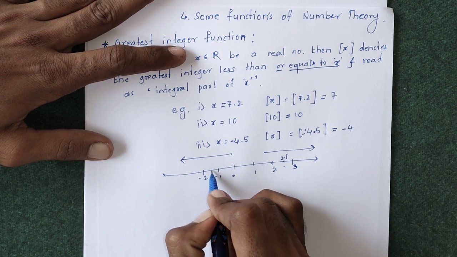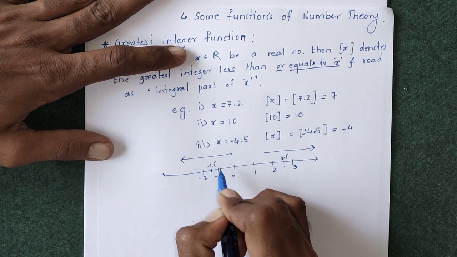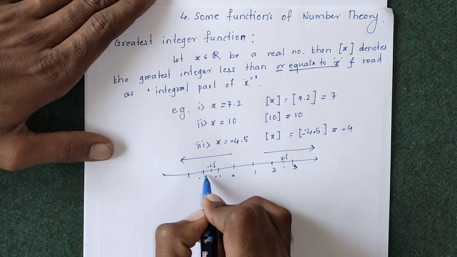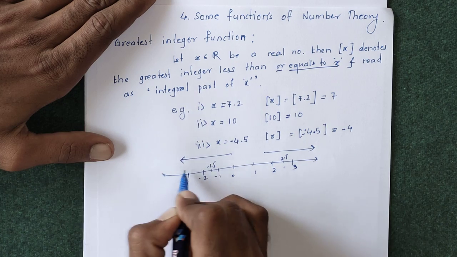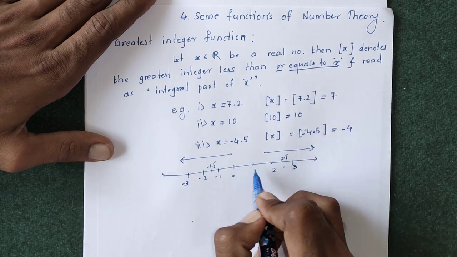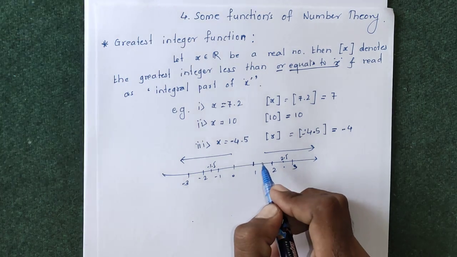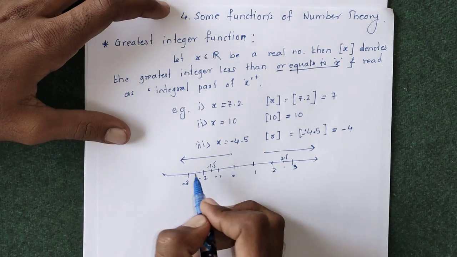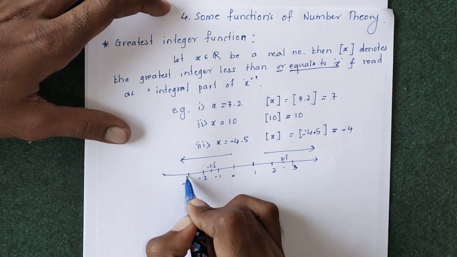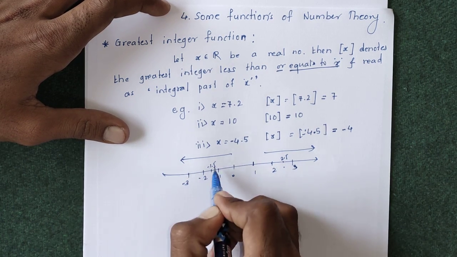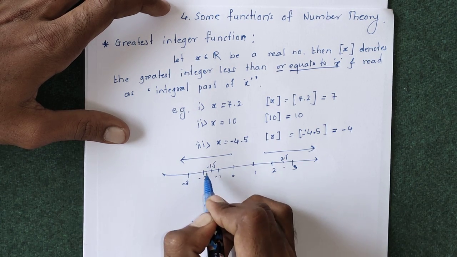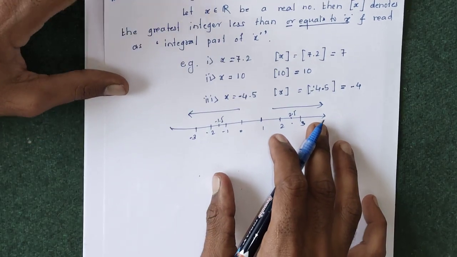And for example, if we take minus 1.5, then the integers less than minus 1.5 are minus 2, minus 3. So if we take less than, we go in this direction. If we take the greatest among all those lesser integers, for example for x equal to minus 1.5, minus 2, minus 3, minus 4 are all less than minus 1.5, but the greatest among them is minus 2. So you can find it in this manner.